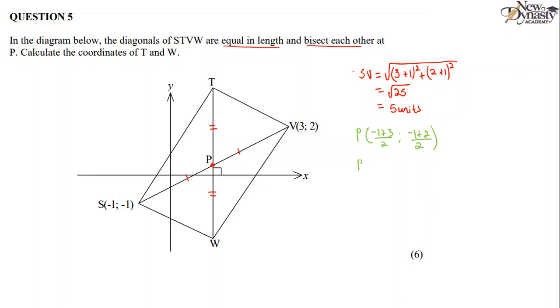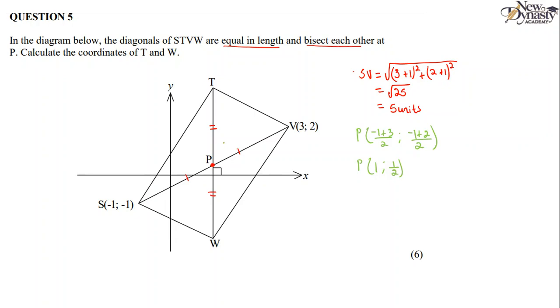Then 3 minus 1, that is 2 over 2. That is going to give me 1. That is the x value. And 2 minus 1, that is going to be 1. And that is going to be 1 over 2. So it means point P here is (1; 1.5).